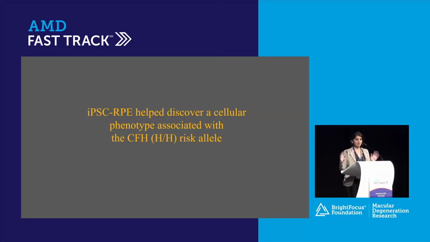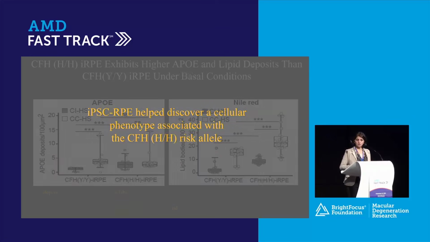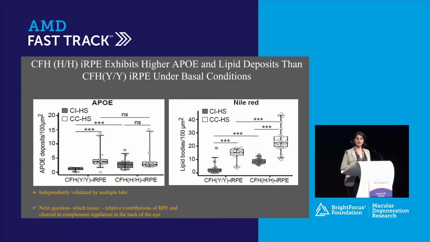So we did the same thing. We measured the ApoE deposits and the Nile red positive lipid deposits, and to our surprise, at the baseline level, which is CIHS, the cells carrying the risk allele had twofold higher levels of lipid deposits and ApoE deposits.